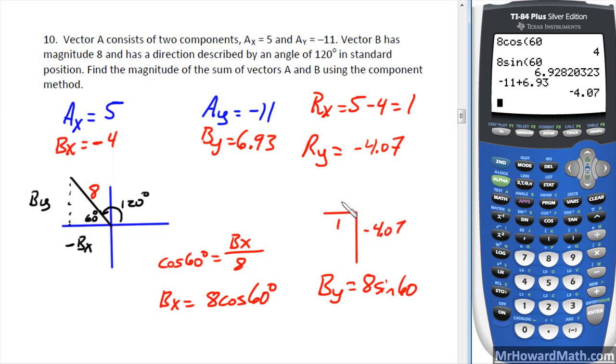This side is 1. So our resultant vector is headed down like this, and we'll find that by doing the Pythagorean theorem. So the square root of 1 squared plus negative 4.07 squared.